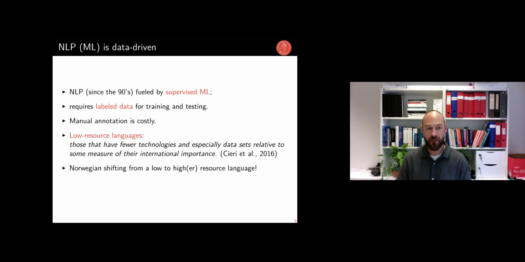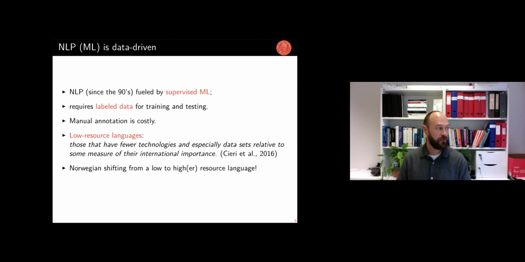And here's a definition of low resource languages from Chieri et al. from 2016, where they define it as languages that have fewer technologies and especially data sets relative to some measure of their international importance.